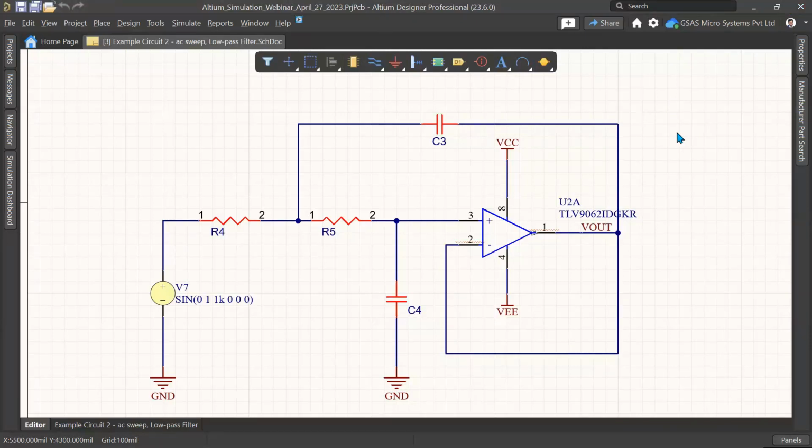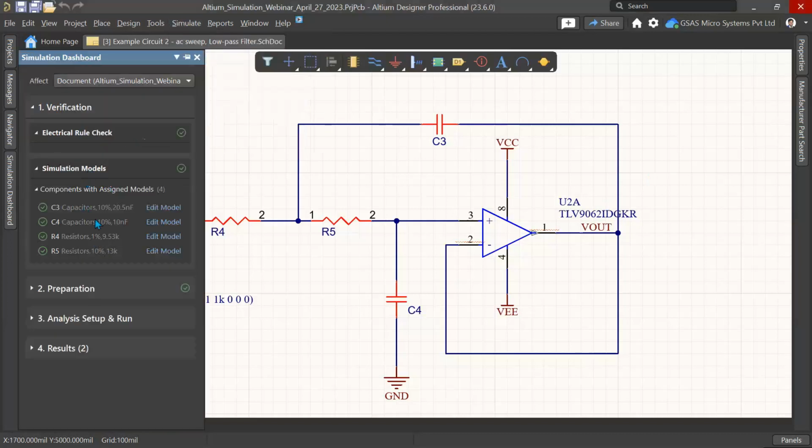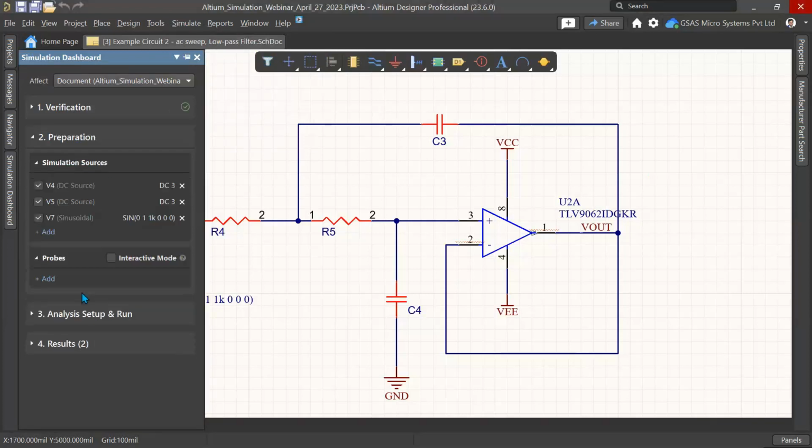Now we're going to see how the component values will affect the performance of the circuit by the basis web analysis. First, we will do the analysis called transient analysis for the verification purpose. Again, the same process. We have automatically assigned the SPICE models.